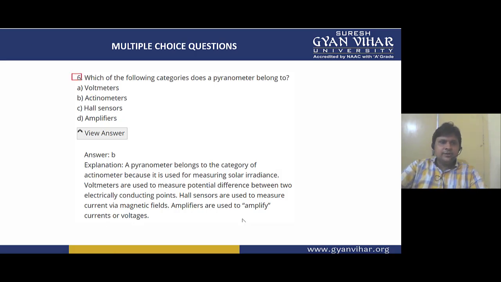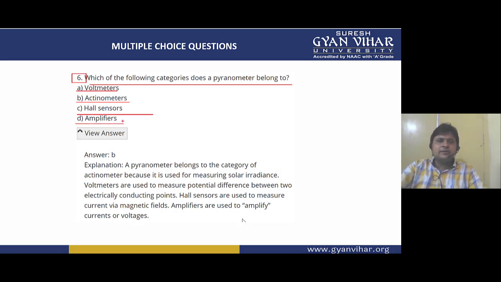Question number 6 is asking you, which of the following categories does a pyranometer belong to? So in which category should we keep pyranometer? Options are: A is voltmeters, B is actinometers, C is Hall sensors, and D is amplifiers.